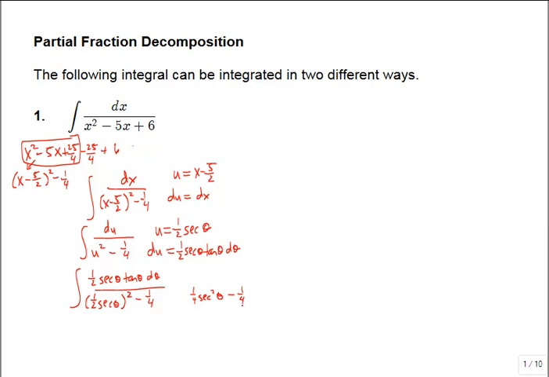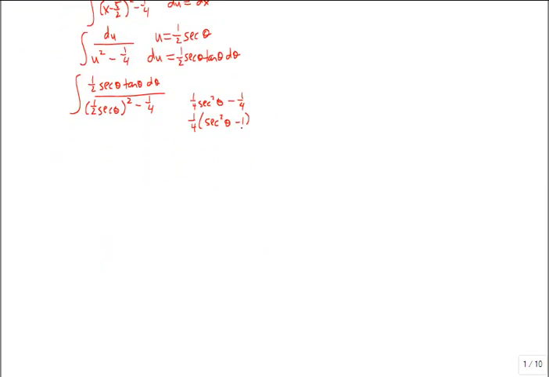And when I subtract that 1/4 from it, I have a 1/4 in common, so I can factor it out. That leaves me with secant squared theta minus 1, which is just a tan squared theta. So all of this denominator becomes 1/4 tangent squared theta.